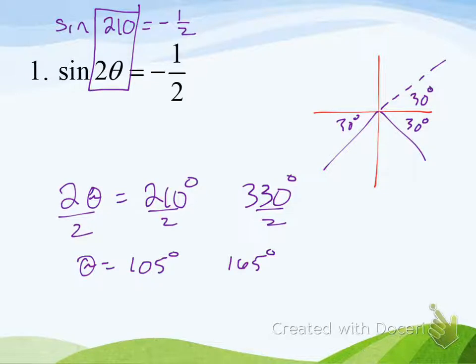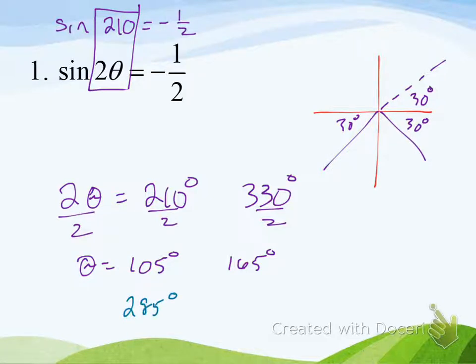And that makes sense. If we put 105 in for theta, 2 times 105 is 210. Sine of 210 is negative 1/2. So that works, right? Same thing would happen if you plugged in 165. 2 times 165 is 330. Sine of 330 is negative 1/2. Okay? Now, let's just say I wanted to see if 285 was a solution.